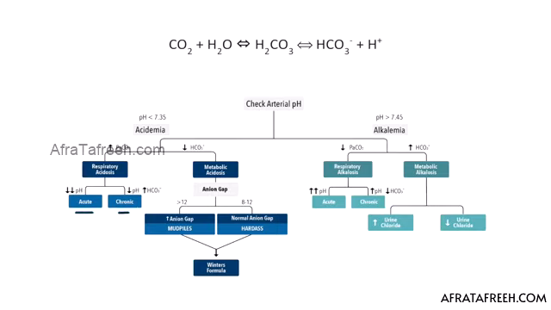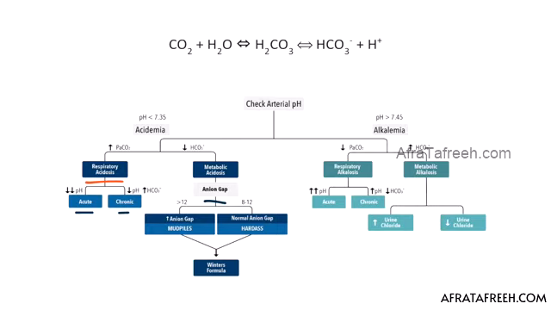In a metabolic acidosis, it's important to know if the anion gap is elevated or normal. In every primary acid-base disturbance, it's also important to know if there is adequate compensation from the respiratory system or the renal system. Let's again look at respiratory acidosis and walk through this process.